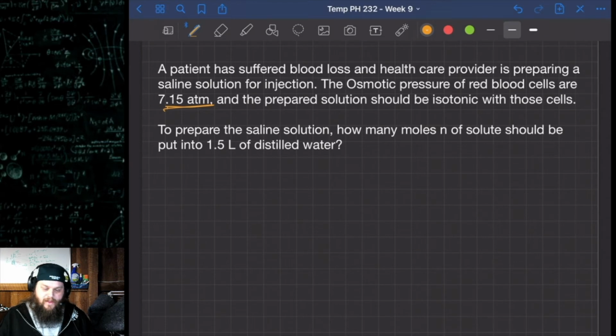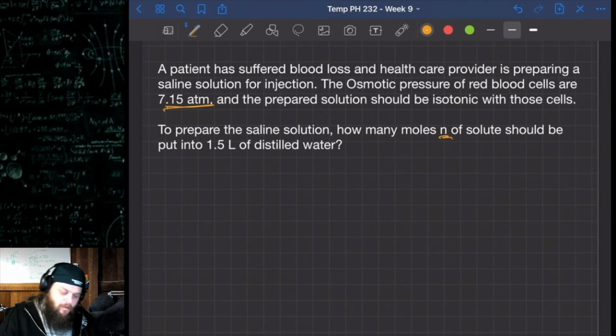To prepare the saline solution, how many moles of solute should be put into 1.5 liters of distilled water? So that's what saline solution is, right? Just salt water. So we know, based on this, that the osmotic pressure is equal to 7.15 atmospheres.